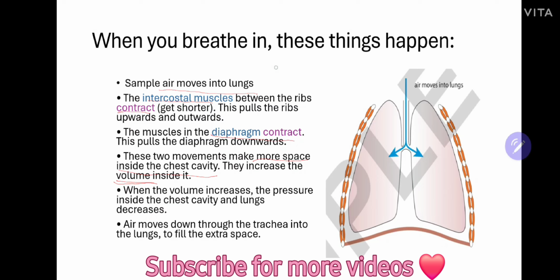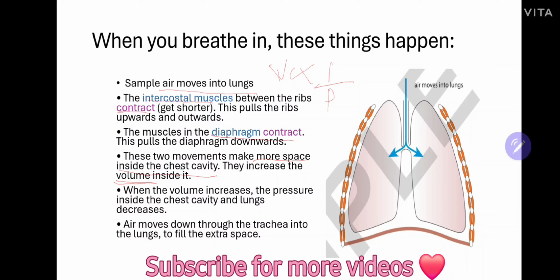As these movements cause more space inside the chest cavity, there will be more volume, and this results in a decrease in the pressure inside the chest cavity. As a result, air will be moving down through the trachea into the lungs to fill that extra space.